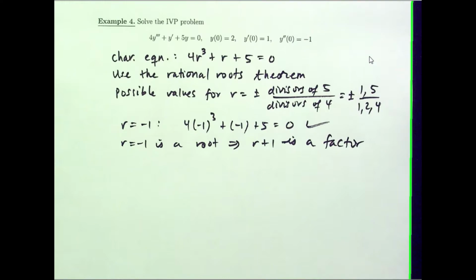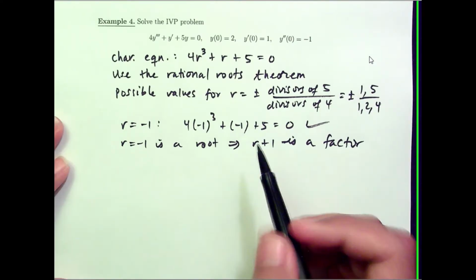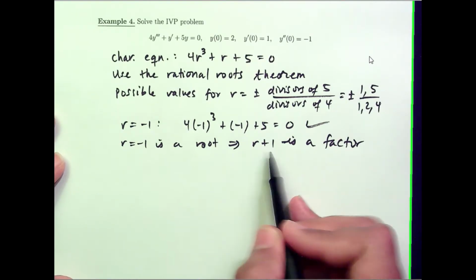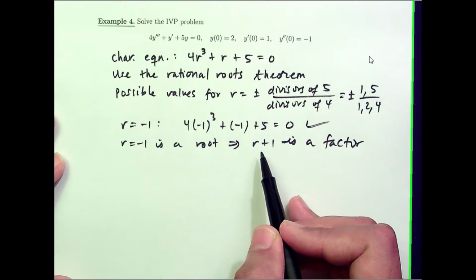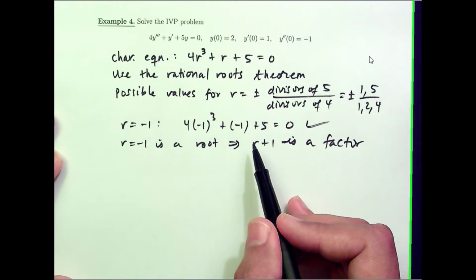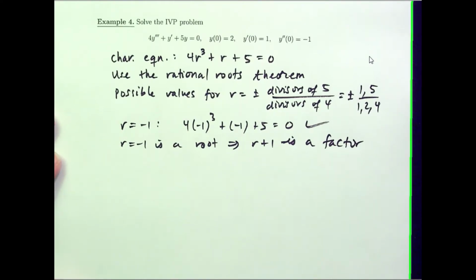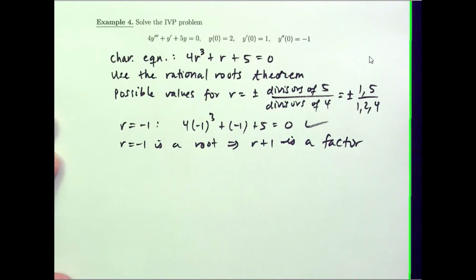Once you know that it is a factor, you're supposed to do long division. In this case, because this is just a binomial of order 1 with the coefficient of r being 1, you could also use synthetic division. In class, we did long division, so we did two examples, or maybe three, but we used long division. For now, I just want to use synthetic division because it's good to review that too.